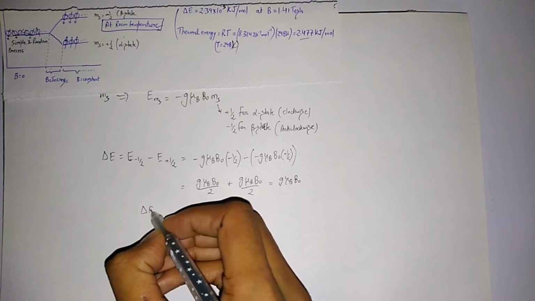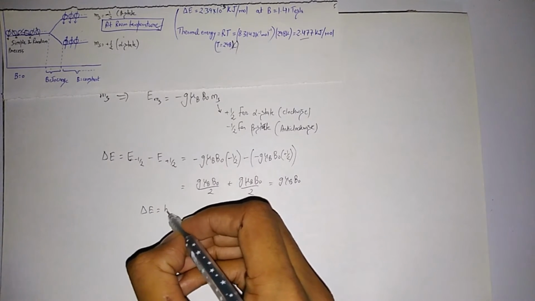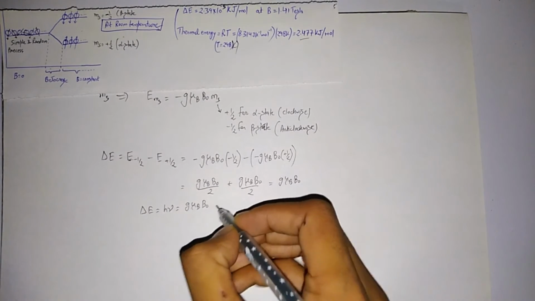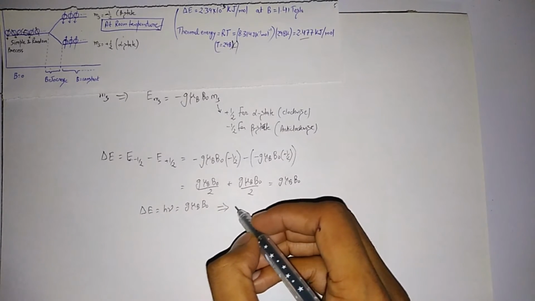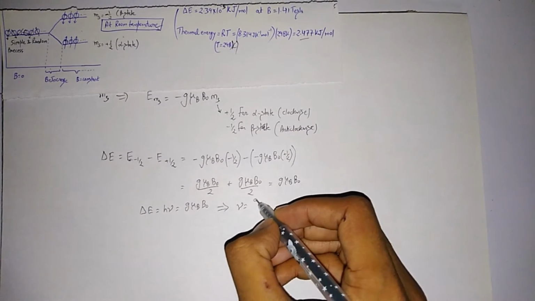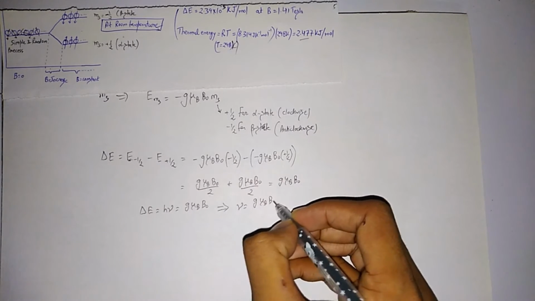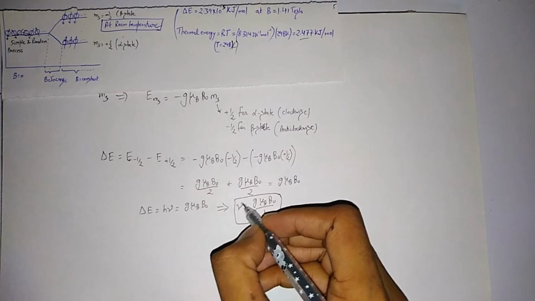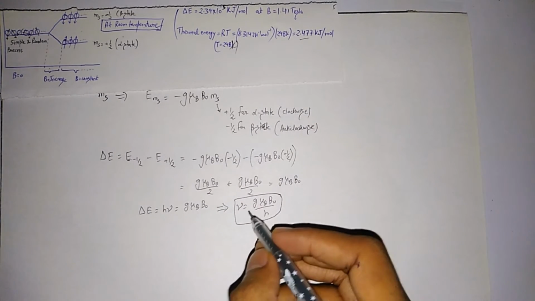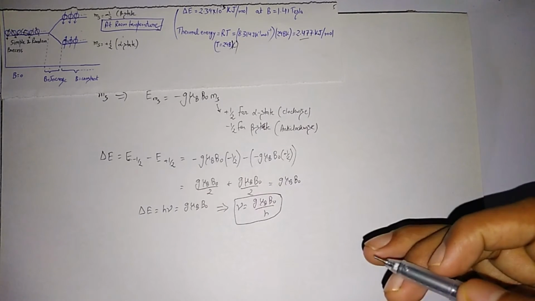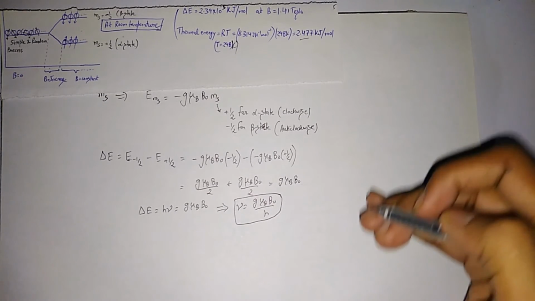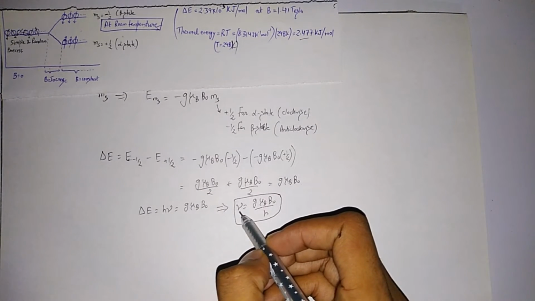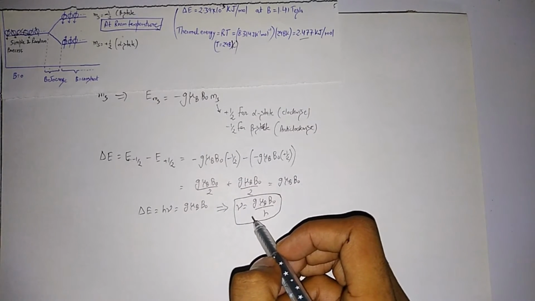So delta E is equal to h nu, which is equal to g mu B B naught, which can be rearranged as nu equals g mu B B naught by h. In this expression, nu is the frequency which is required for the proton to resonate from the alpha to the beta state. So this is the frequency requirement of the radio wave by the hydrogen nucleus.